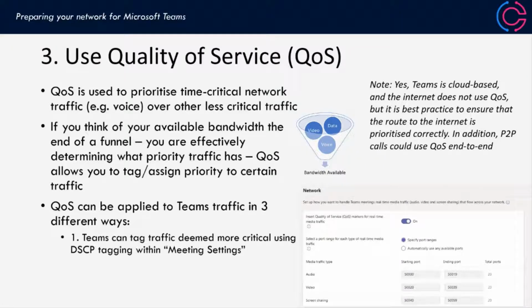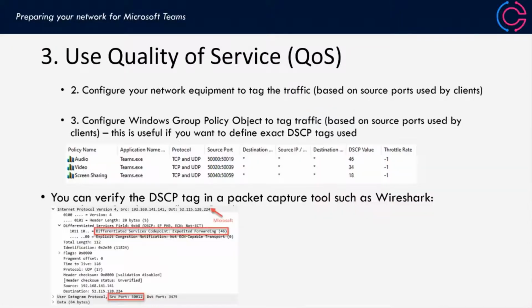There are 2 other ways you can configure your network equipment to tag the traffic, and in that scenario, you're using the source ports that were on the previous slide. So you're saying anything between these port ranges from any client subnets, we will tag that traffic on the network side. So you're looking at source and destination ports and matching the traffic that way.